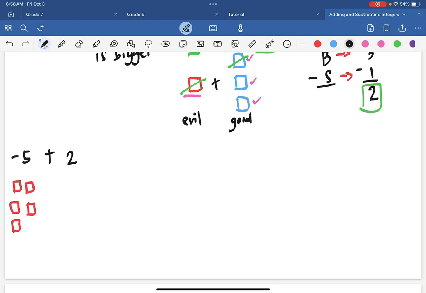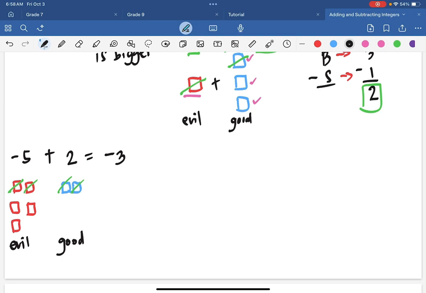So negative 5, and for positive 2, we have 2 boxes. Based on this, obviously the evil is greater than the good. So we could cancel the same number of red and blue: 1 red, 1 blue, 1 red, 1 blue. So we are left with 3 red boxes, or negative 3.